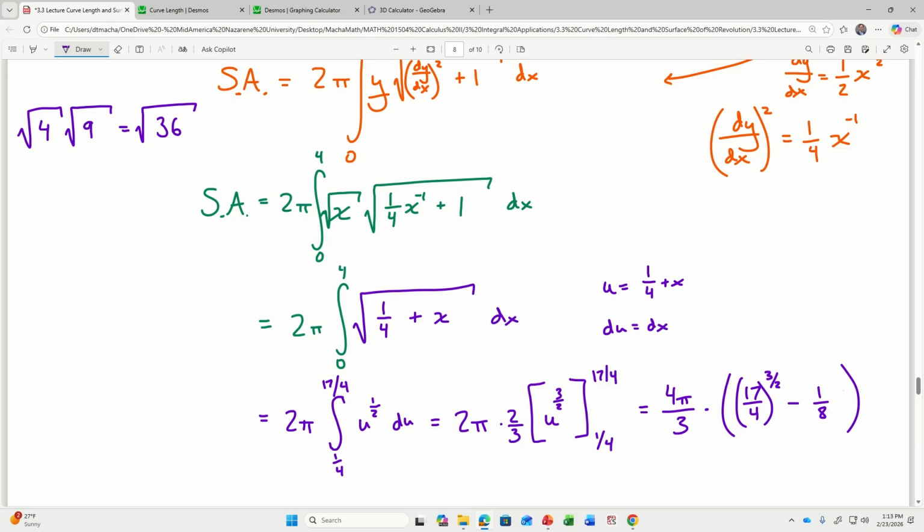So then I'll go ahead and just type in my calculator. 4 times pi divided by 3 times, open parentheses, 17 raised to the power 1.5 divided by 8 minus 1 over 8, close parentheses.